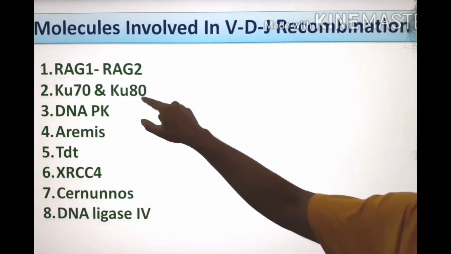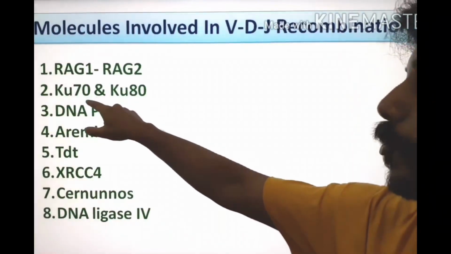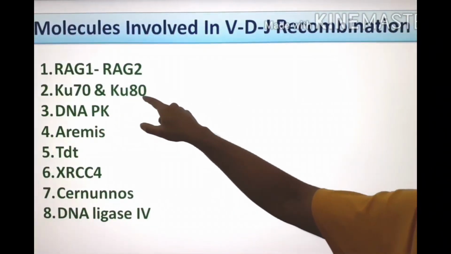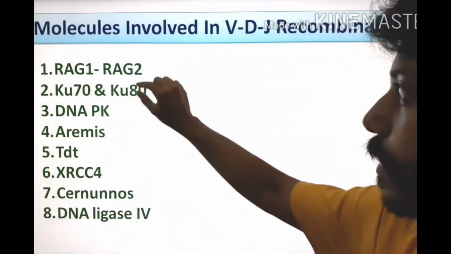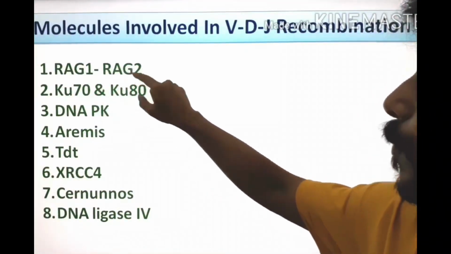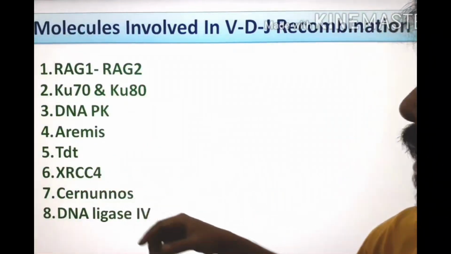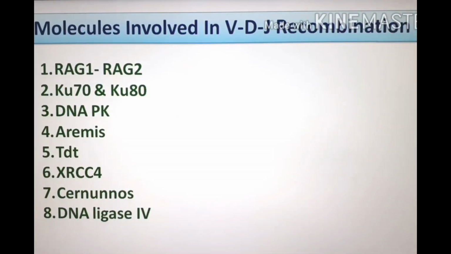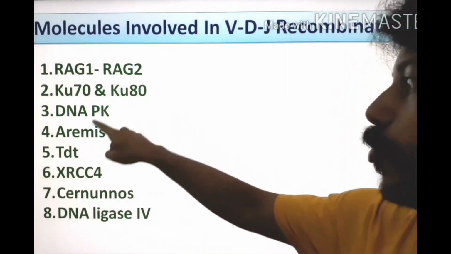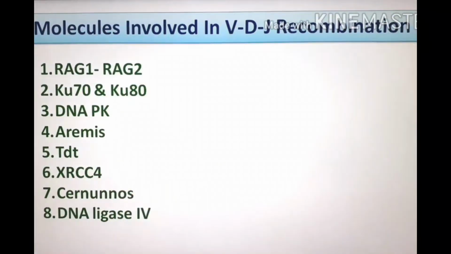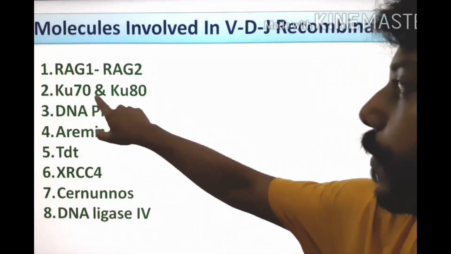The next function is performed by Ku70 and Ku80. RAG1, RAG2 and TDT are very lymphoid specific. Only the lymphocytes express RAG1, RAG2 and TDT, these three enzymes.